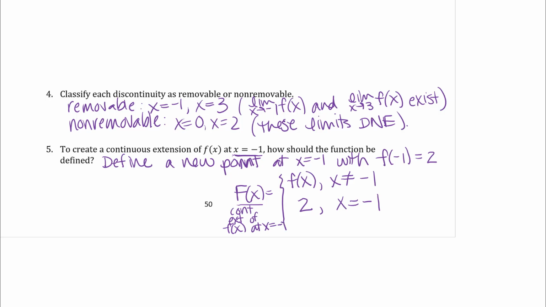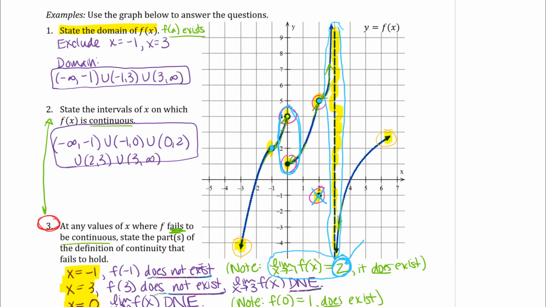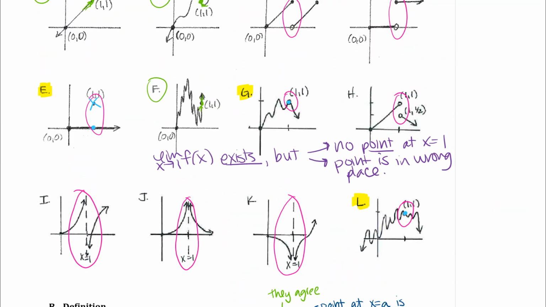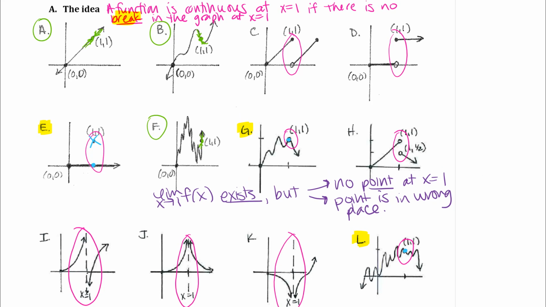All right, one more vocabulary word to talk about very briefly here, one-sided continuity. So if I go back up and look at some of these original graphs that we were talking about, and instead of focusing at x equals 1, let's focus at x equals 0. And we might notice that if I compare, for example, functions a and f, at x equals 0, there's not a break in the graph on either of those, but I have to talk about continuity at x equals 0 a little bit differently for f than I do for a.